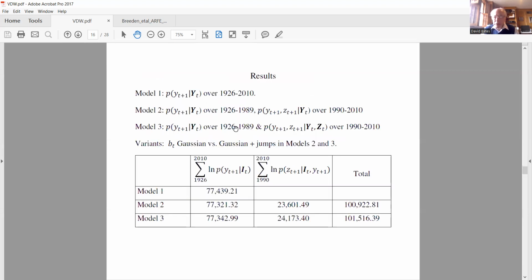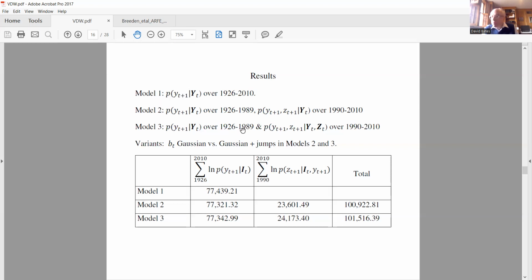Okay, and then here are 3 models that I will emphasize in this talk. So the first model is just estimating purely off stock market excess returns, using those over 1926 to 2010. The second model is using these data over this period, the joint distribution of returns and the VIX, but only using the stock market returns for filtration, basically to see what difference it makes when I go from this model to this model.